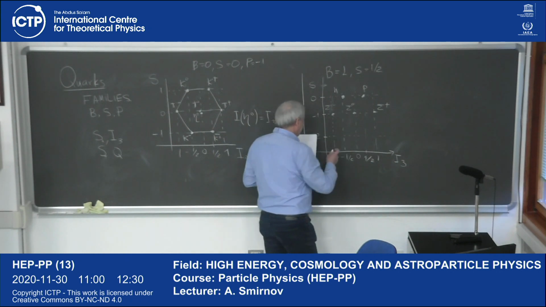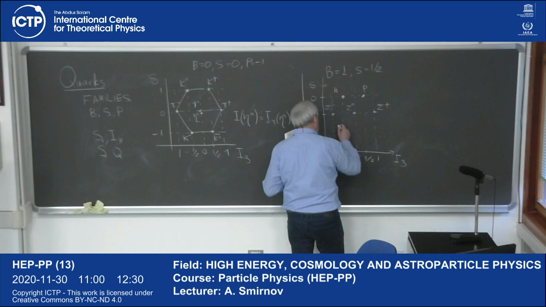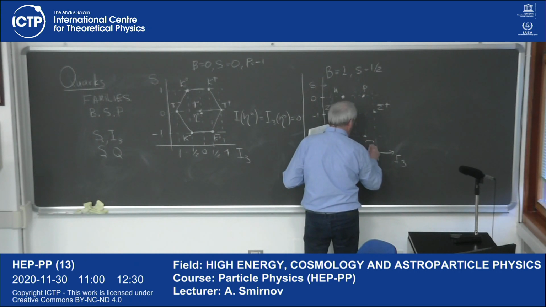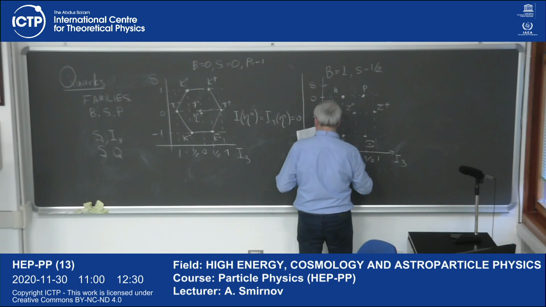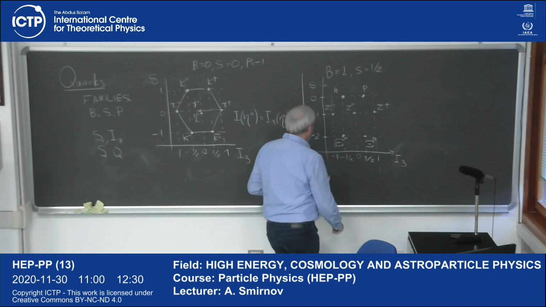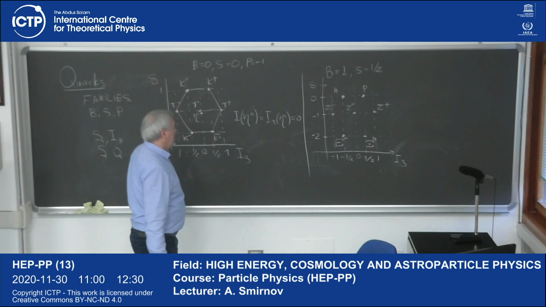And finally, xi hyperons, with strangeness minus 2. Here's minus, and this is 0. They form isospin doublet.